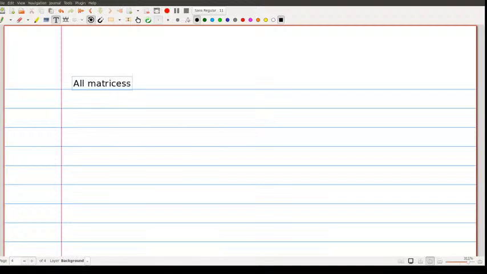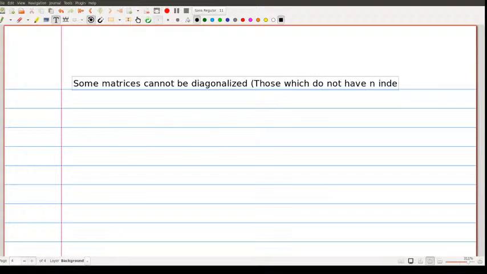And so the thing that I wanted to leave you with is the following fact: some matrices cannot be diagonalized, right? And these are the matrices which do not have n independent eigenvectors, right?